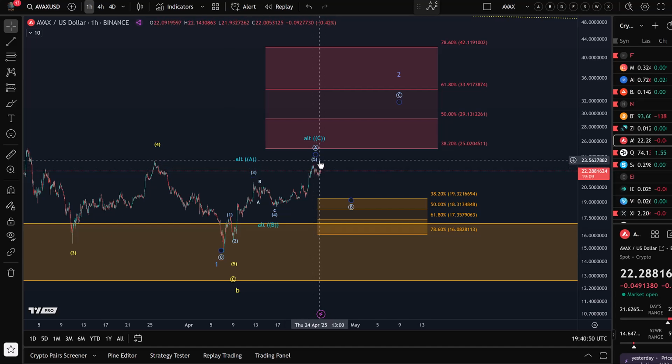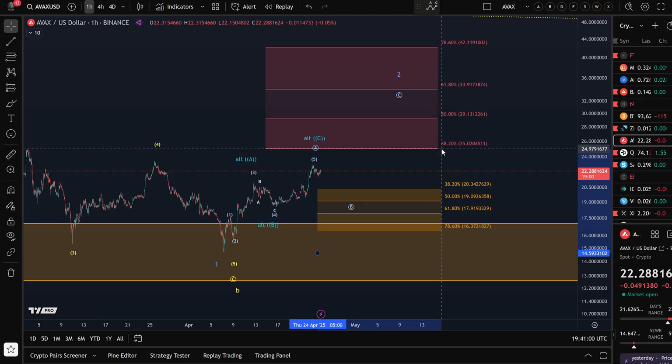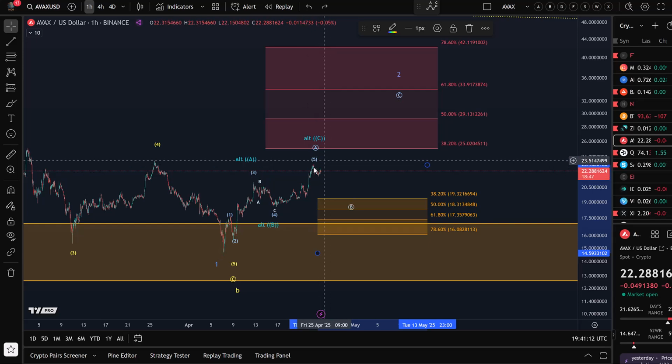It might get one more high, maybe towards $23.50 or $25. And if that's the case, then we will simply move up the support area with the price. So if we go, for example, in blue wave A to $25, then we simply move up the support area, which is measured based on the entire length of the A wave. It is important to understand that there is currently no confirmation of a top.